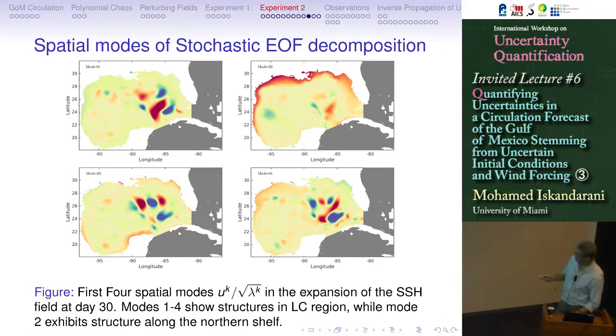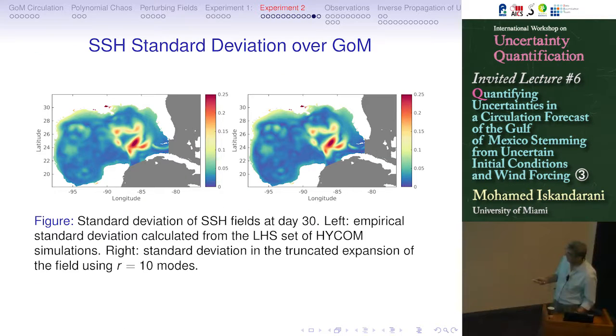If you look at the variability modes, they are mostly located in the loop current system for modes 1, 3, and 4. And for mode 2, it's really located along the shelves. Now you can estimate the standard deviation at every single point.